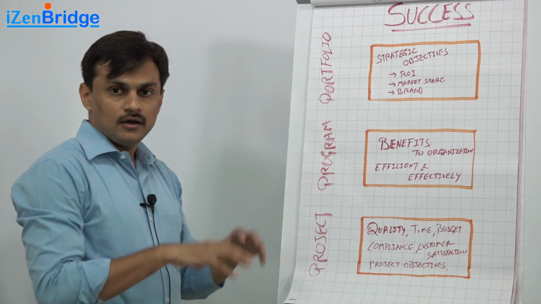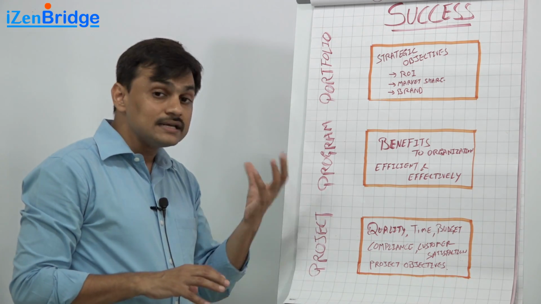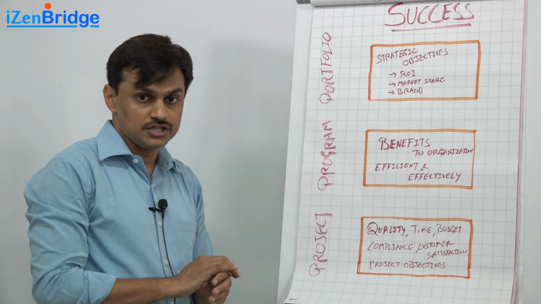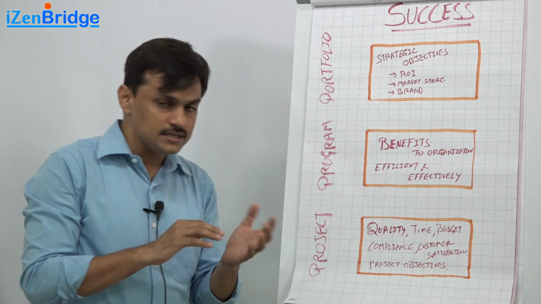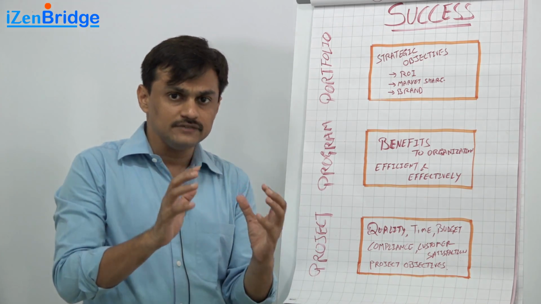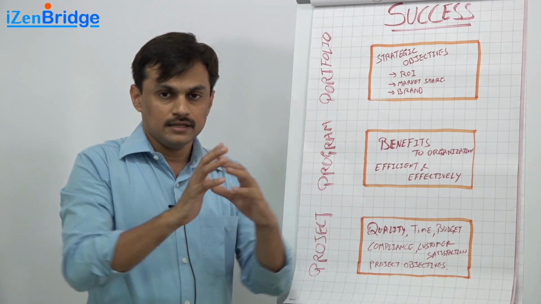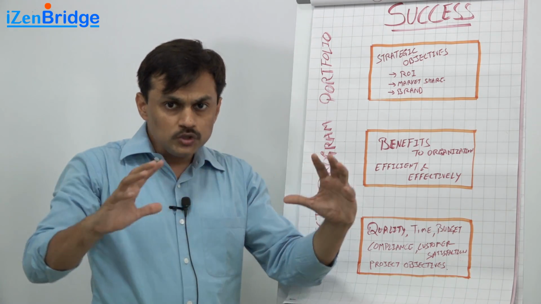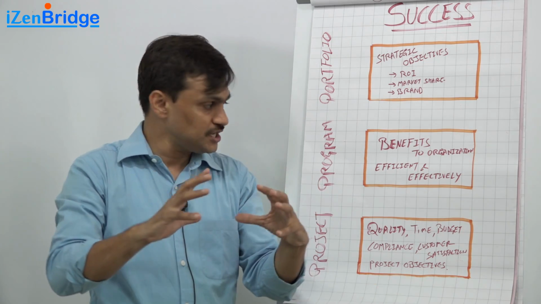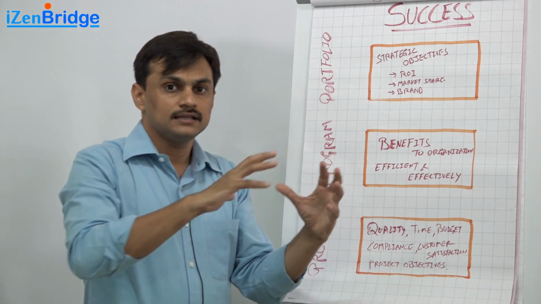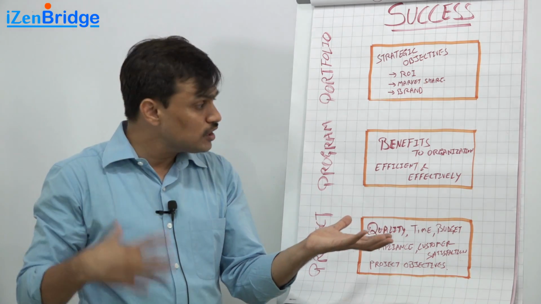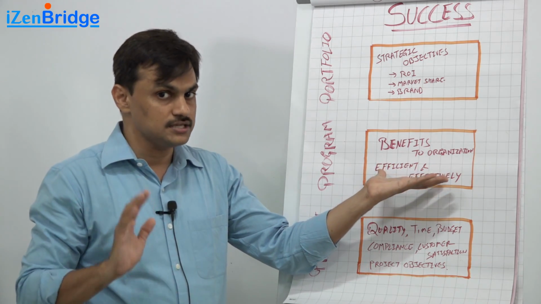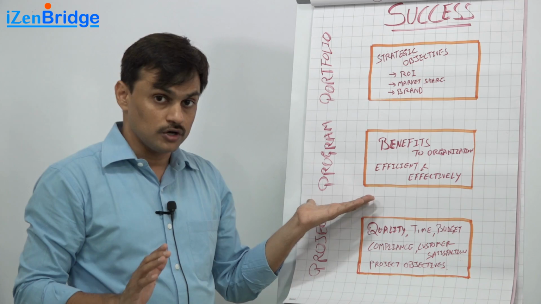At a program level, we need to focus on how we are realizing benefits to the organization by executing this particular program. The focus of a program is efficiently and effectively integrating the outputs, the outcomes of various projects so that we realize the benefit for which the program has been initiated. So focus on benefit realization is the key when we focus on program.